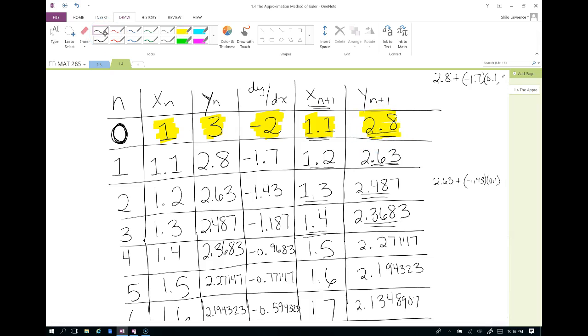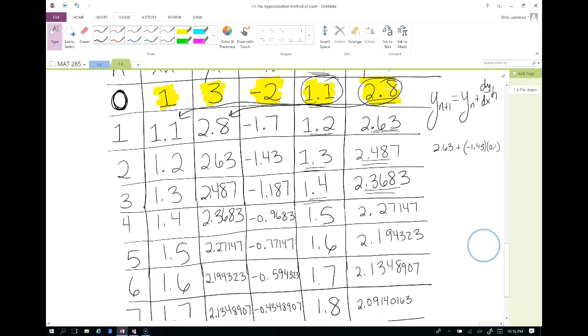The y sub n plus 1, we said, is going to be y sub n plus dy dx times h. So I just used that all the way down. And then whatever you got for x sub n plus 1 and y sub n plus 1, we transferred to our next row to be our beginning x and y on the next row to continue down.